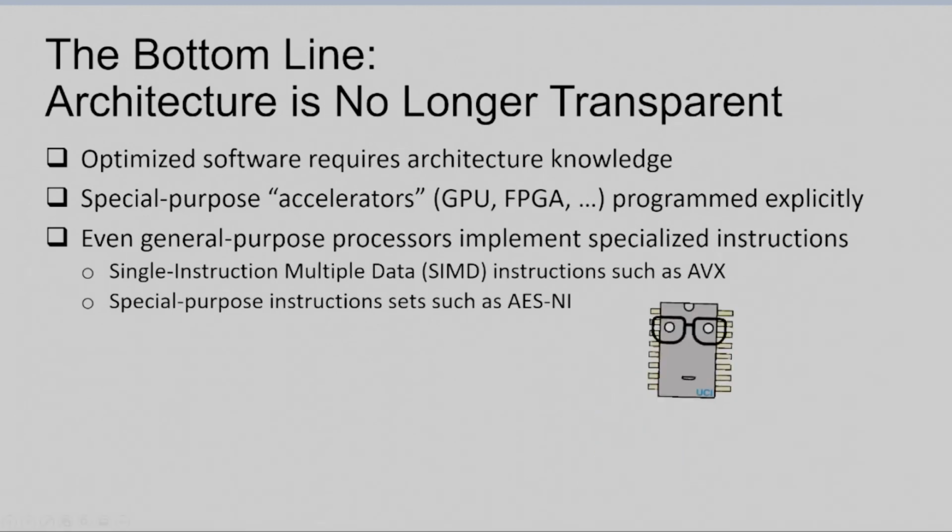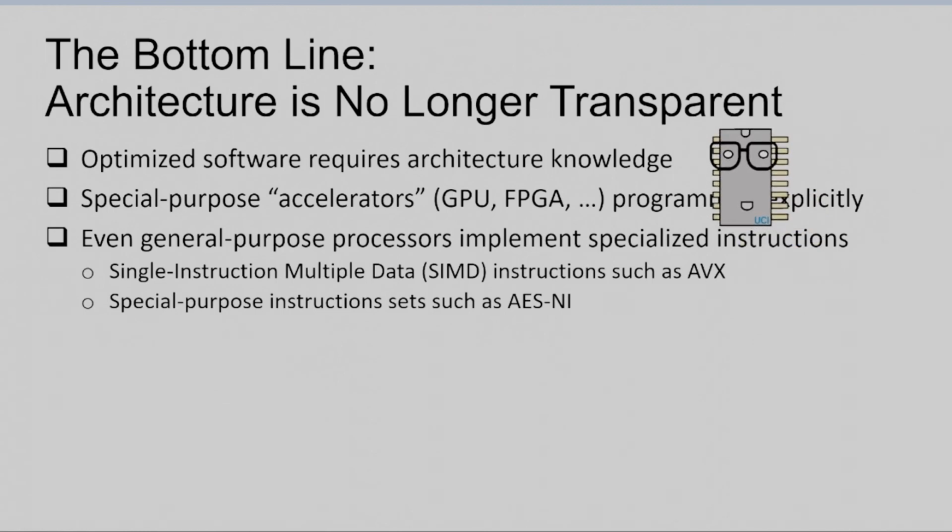First of all, writing optimized software requires architectural knowledge. Why did the matrix multiplication example before manage to get 6x performance just by transposing? It requires architectural knowledge to evaluate and plan. How did we get 40x performance on top of that? All of that required architectural knowledge.